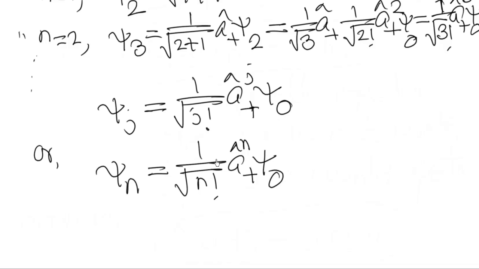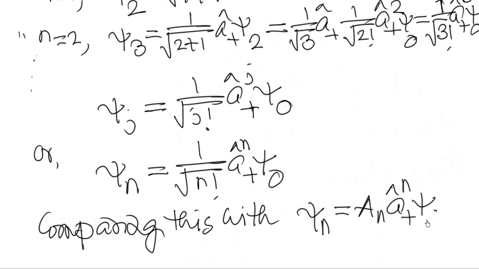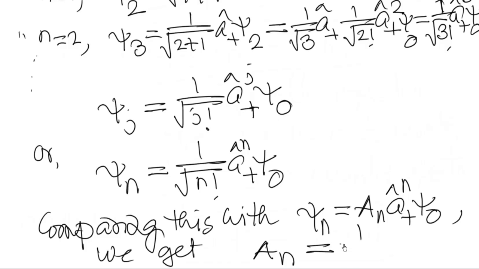So you see, comparing this with psi n is a n a plus to the power n psi naught, we get the constant a n is 1 divided by square root of factorial n.